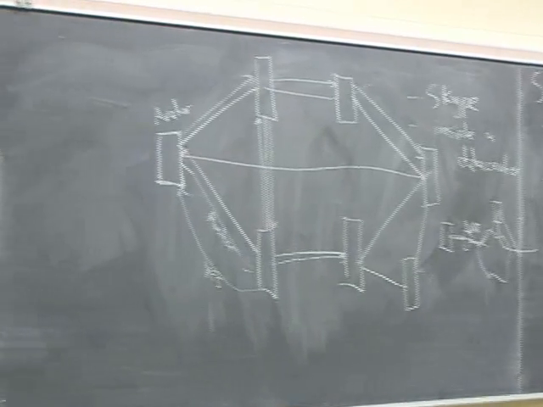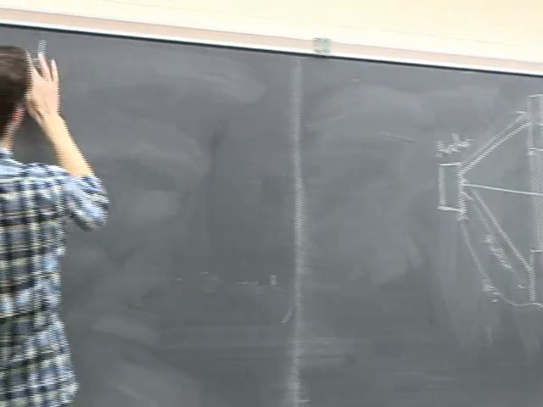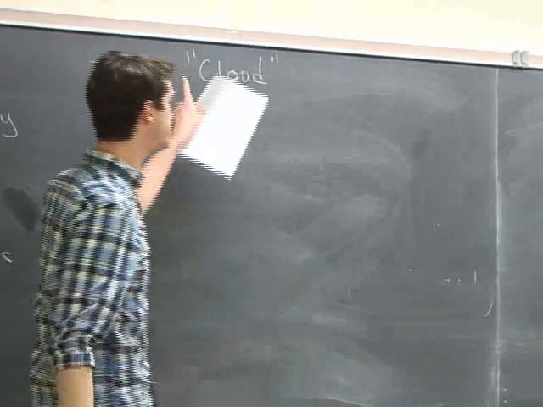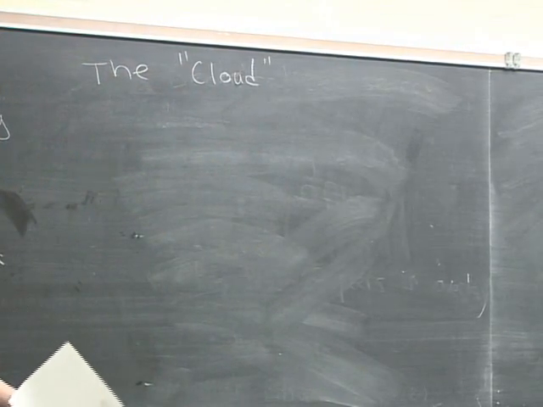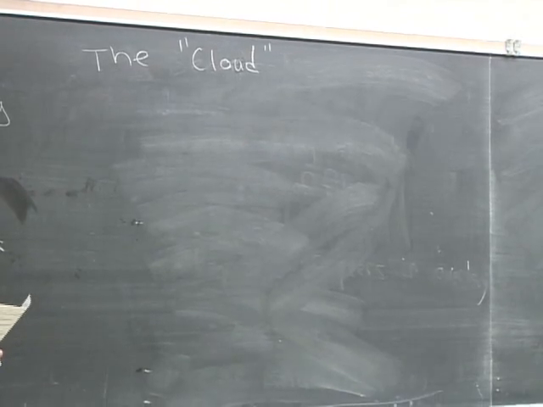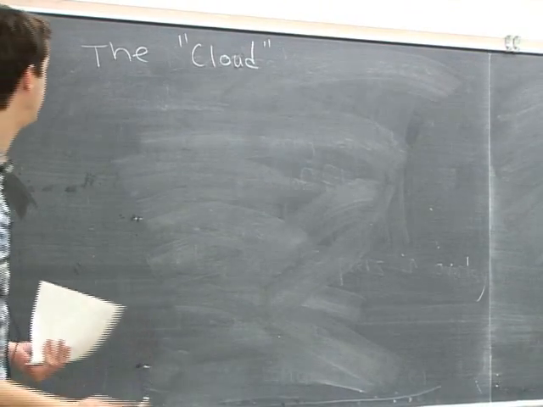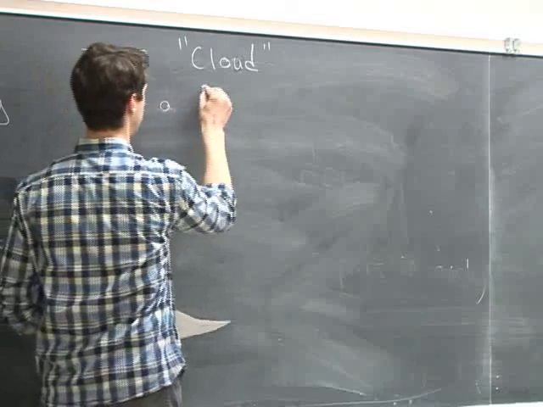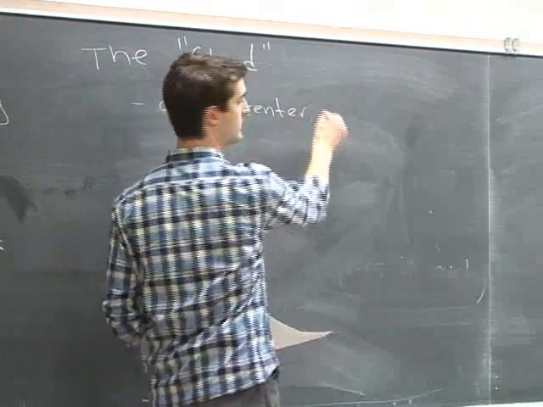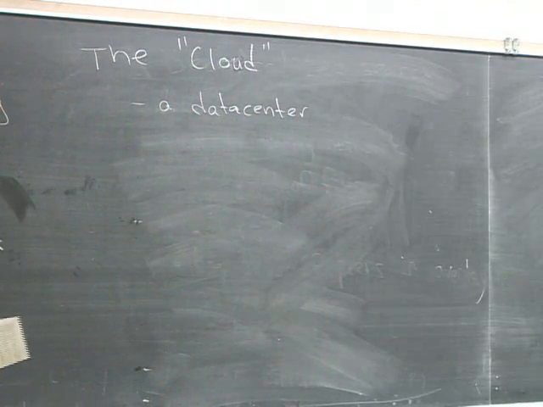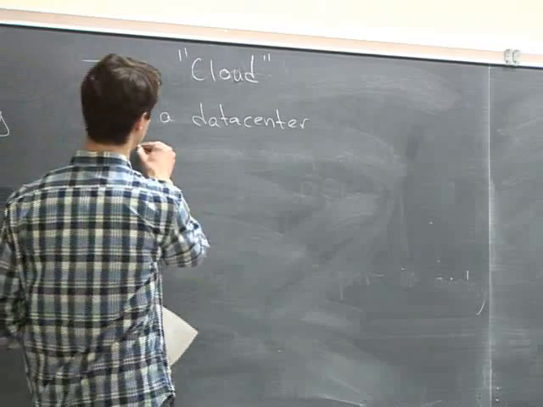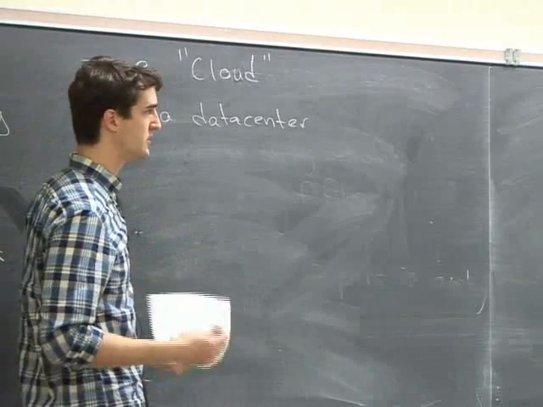Now to talk about the cloud. This term is super hot right now, but can anyone tell me what it means? Okay, so a data center. Yeah. Push the content away from the local host and keep it on public servers or the public web.